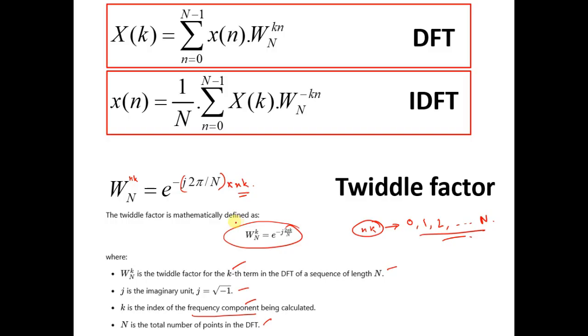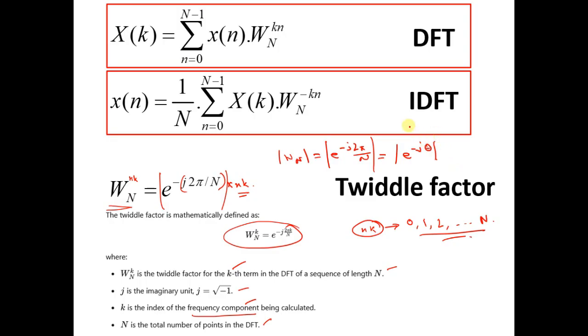Okay, and if you want to find the modulus of the twiddle factor, modulus of Wn, you know it is equal to e to the power minus j 2 pi by n. So to find the modulus, what can we write? We can write it as e to the power minus j theta. So how can you break it down?